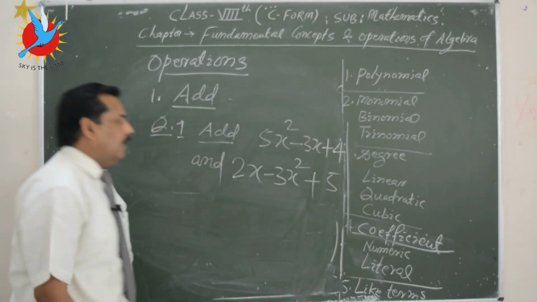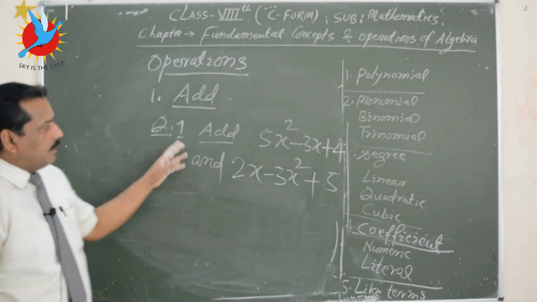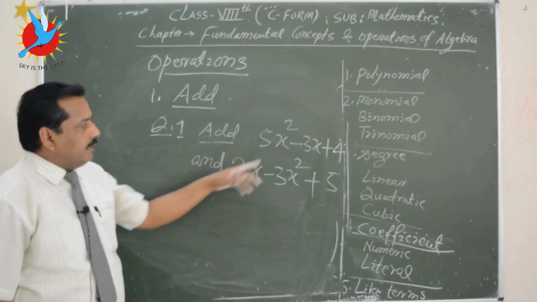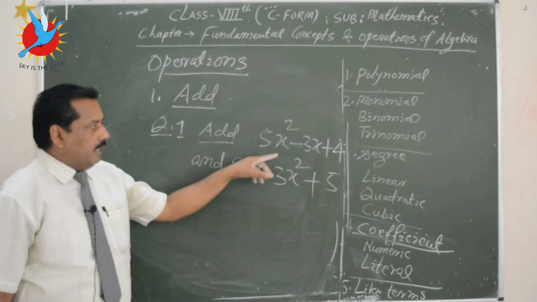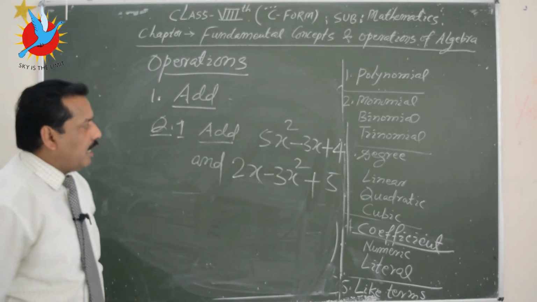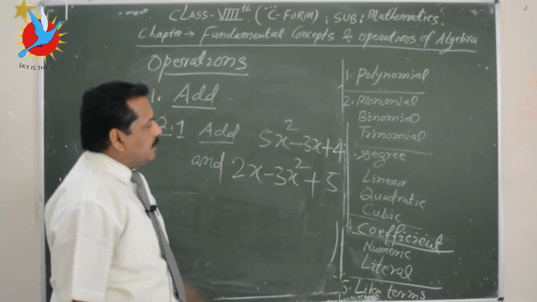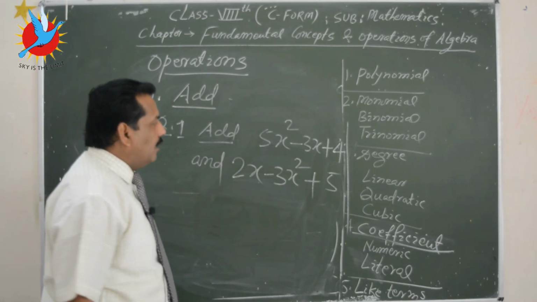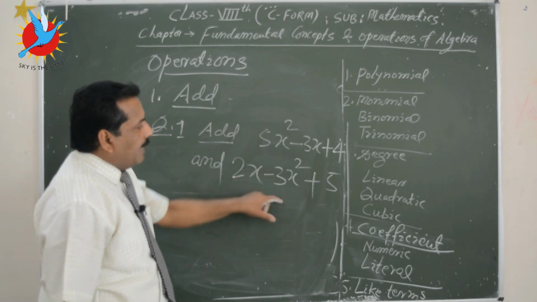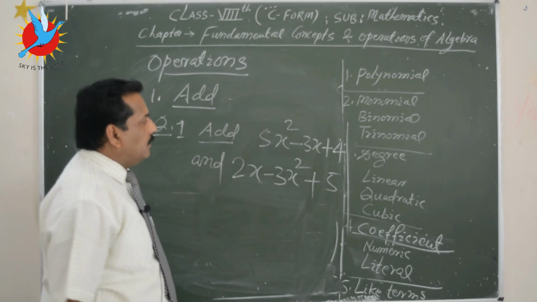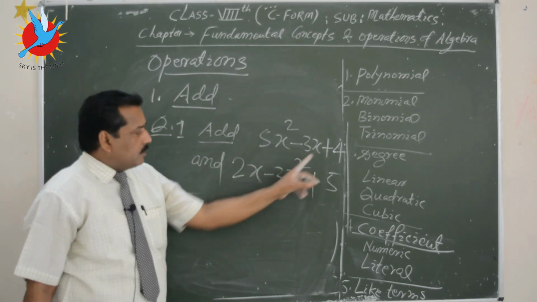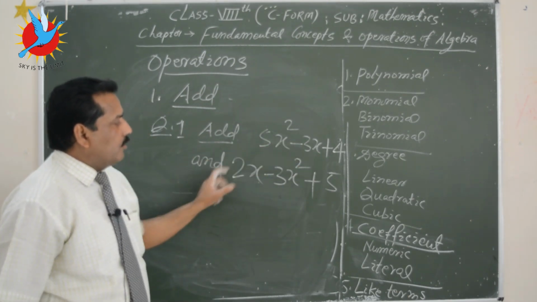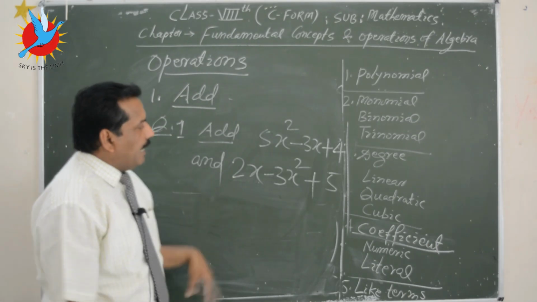Let us say the question reads like this. This is not in order. So we have to identify here, this is 5x square. This literal coefficient is x square and here the literal coefficient is x square. So these terms are like terms, they can be added. Here the literal coefficient is x, and here also x. So these two terms are also like terms and they can be added.